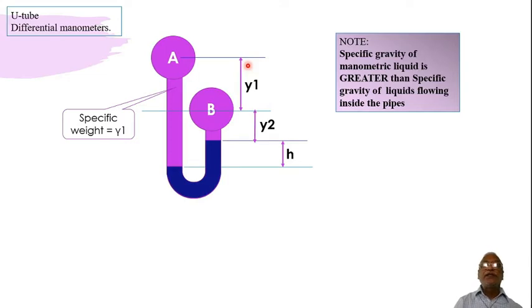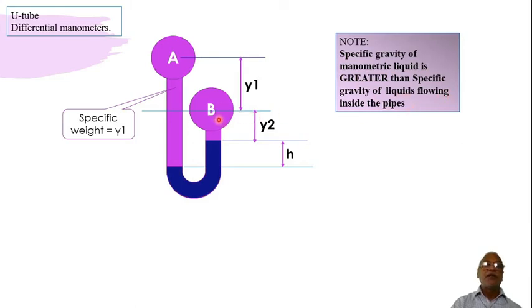And let us say there is a manometric liquid in the tube having some other specific gravity. Generally the heavier liquids are used, like mercury, right? That is what is written here. Specific gravity of manometric liquid is greater than the specific gravity of liquids which are flowing inside the pipe.